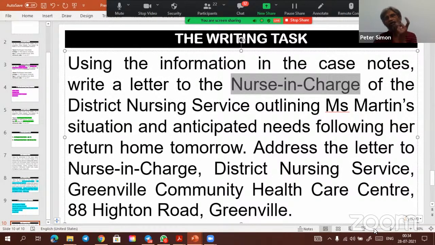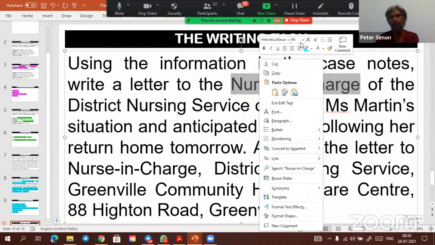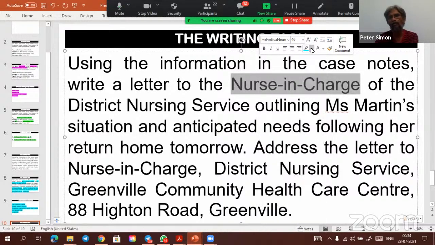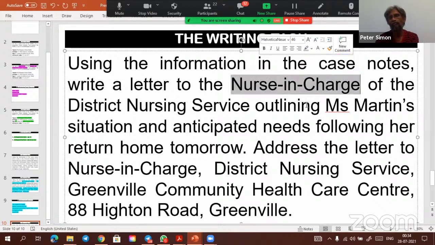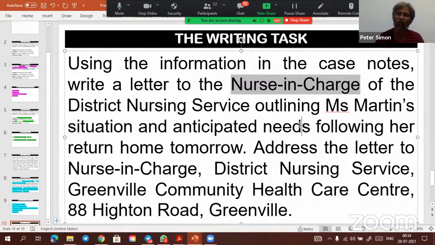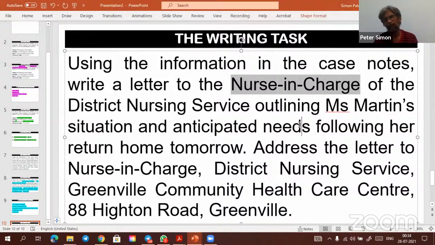When you take the nurse in charge here, what I am doing is highlighting that one. So the nurse in charge. Only this. First line of the address. The nurse in charge. First line of the address.